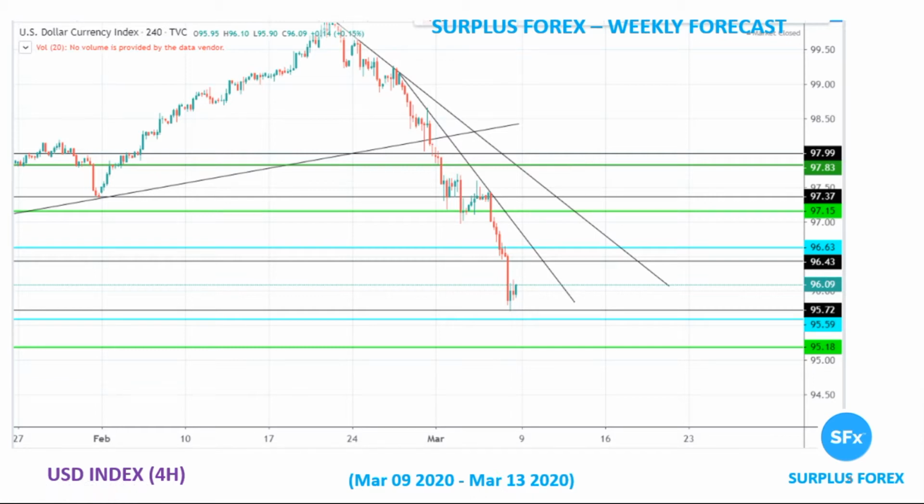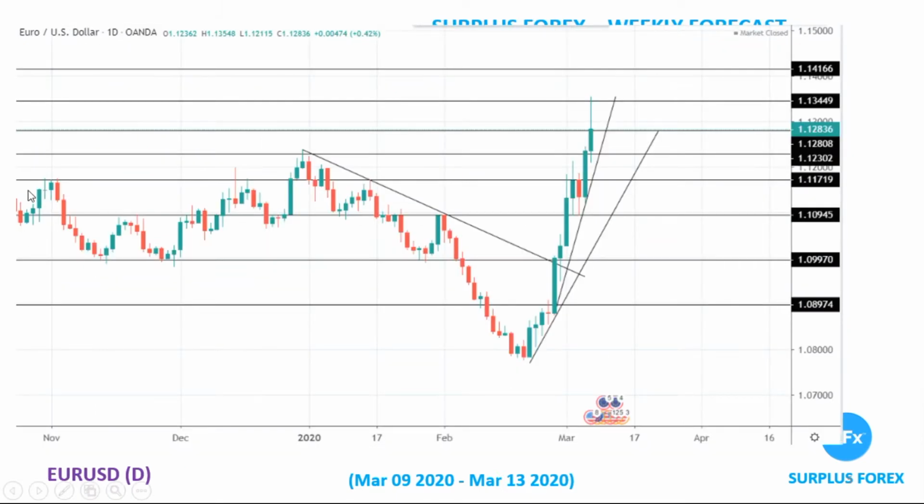Let's move ahead to Euro USD. On a daily time frame, it shows that the euro remained bullish all through the week and a half, totally taking full benefit of the US dollar drop.